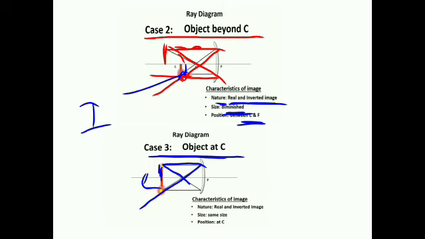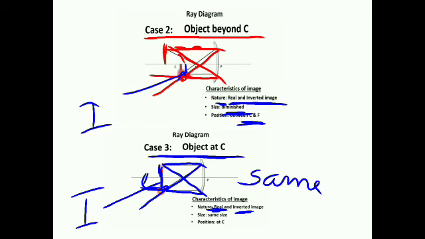R2, this ray is passing through focal point, after reflection becomes parallel to the principal axis, and here the two reflected rays intersect. We have to draw a down arrow. This down arrow will give the image of the object. Image characteristics: it's a real image, inverted image, and same size, we get same size image at C.